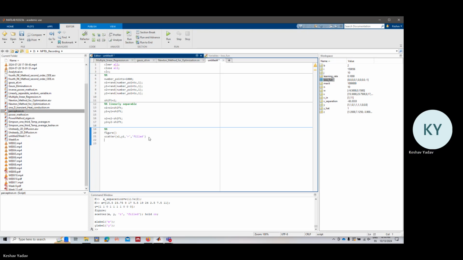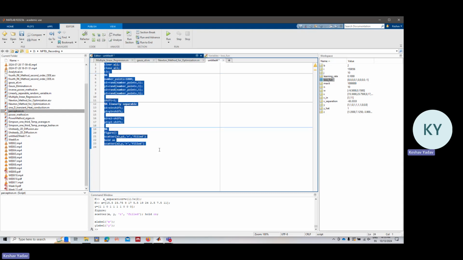Similarly, I need to hold on this figure, the scatter that has been generated. I run this, F9.